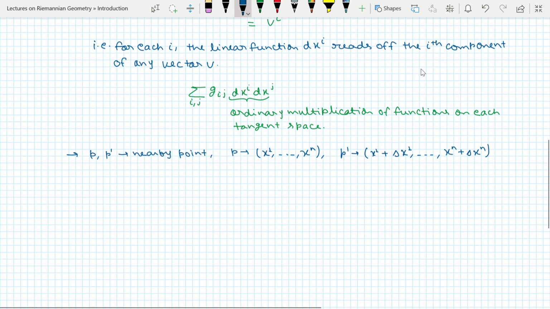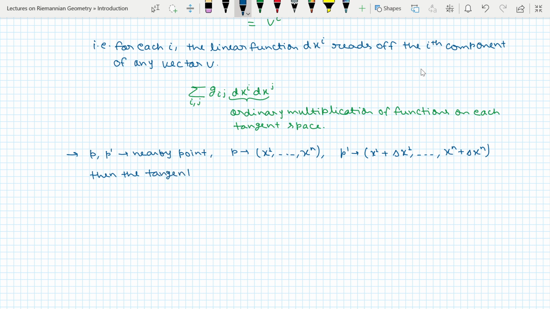These are the coordinates. Then the tangent, let's say delta p, is summation delta xi del over del xi.